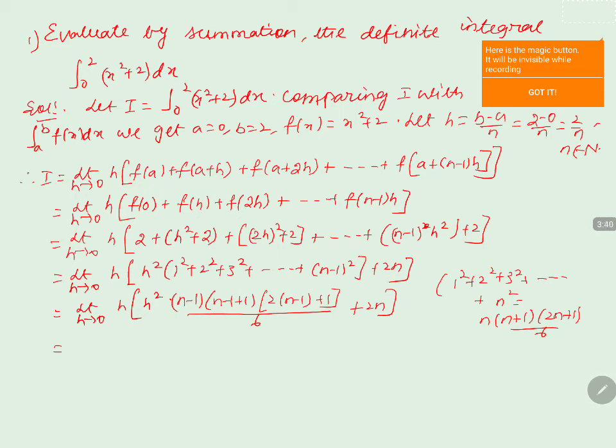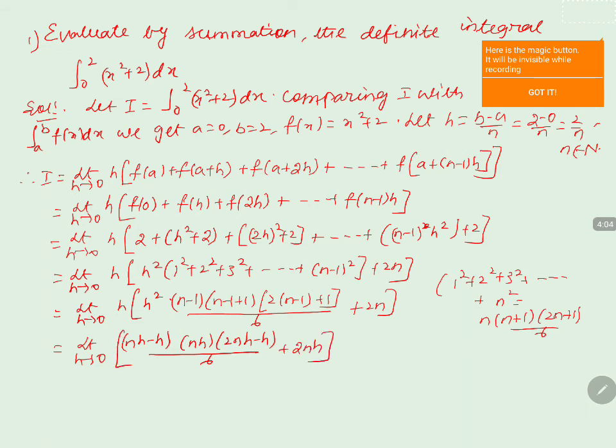Now we'll go to the next step. We'll write it as limit h tends to 0, with the further step being (nh minus h) into nh into (2nh minus h) by 6, plus 2nh.